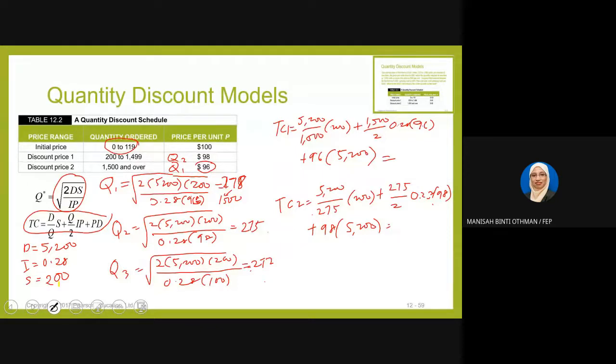Then you don't have to calculate Q3, because Q3 is totally not feasible. This is 0.28, 0.28.